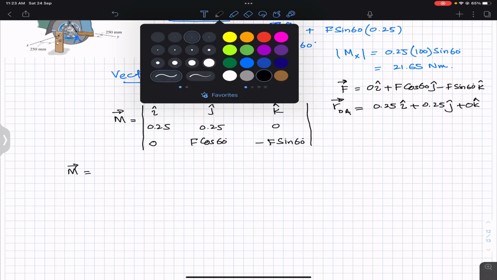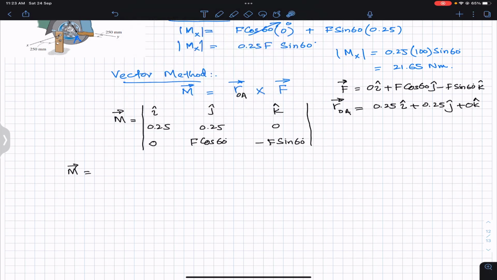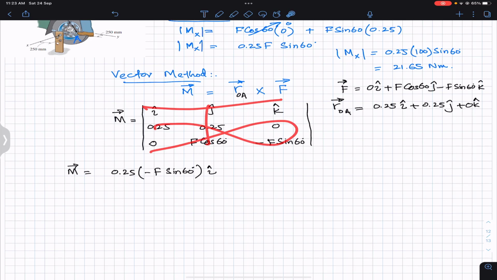For i we have to hide this row and column, and this times this minus this times this, right? So 0.25 into minus F sine of 60 into i. And then for j we have to hide this row and column, and this is 0. So 0j, right?